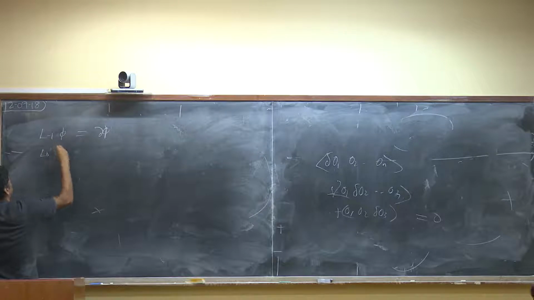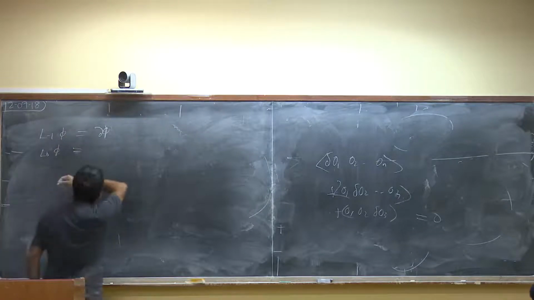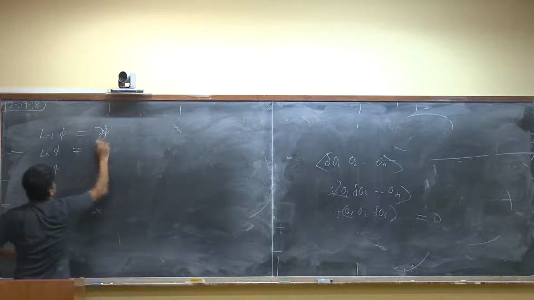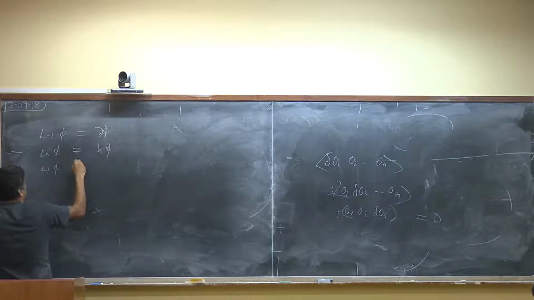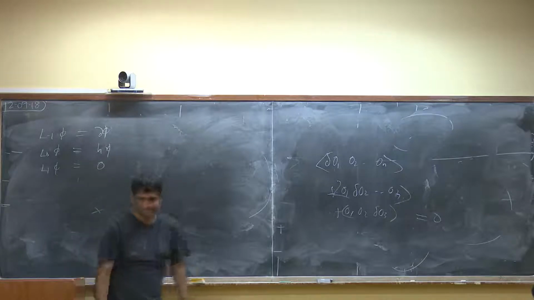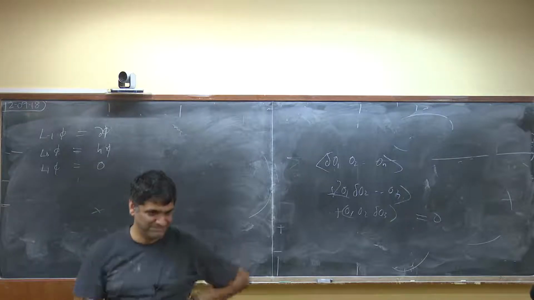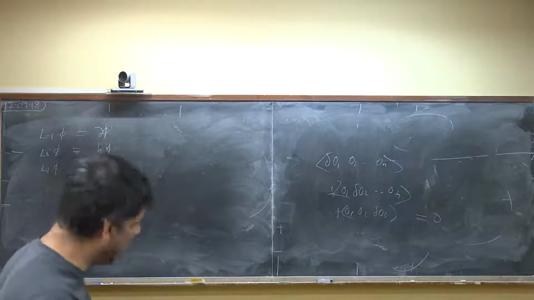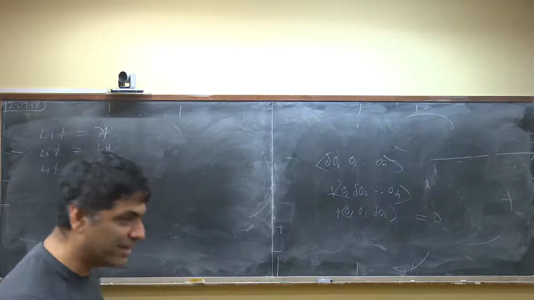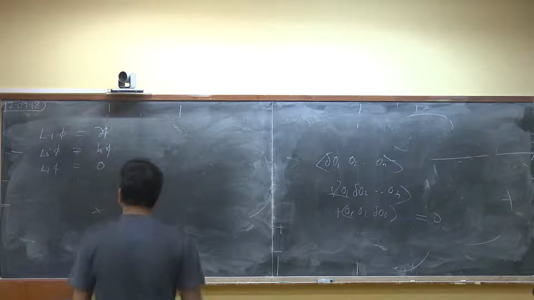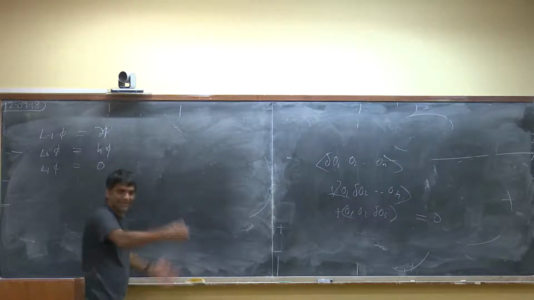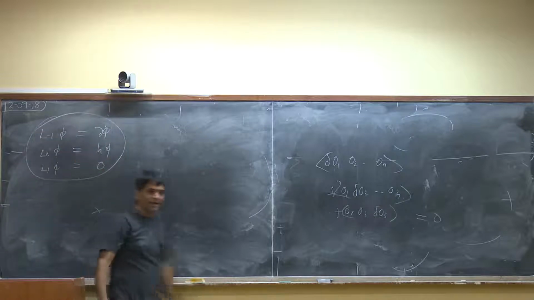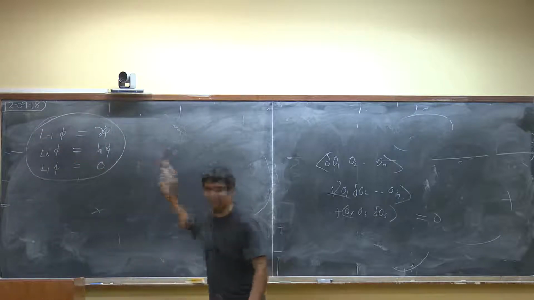L0 of phi was equal to H phi, and L1 of phi was equal to 0. We also had that a primary operator had L2 and L3 and L4 and so on annihilating the operator. But all we're going to use for what I'm going to be doing in the next 10 minutes is these three relations.